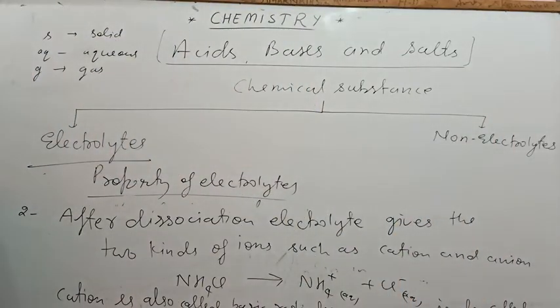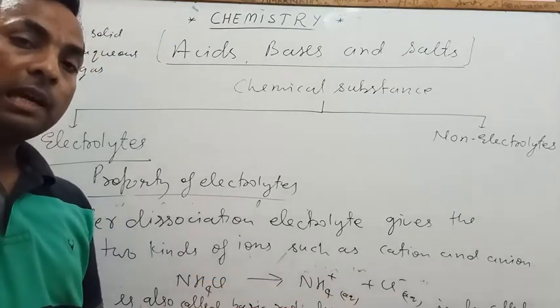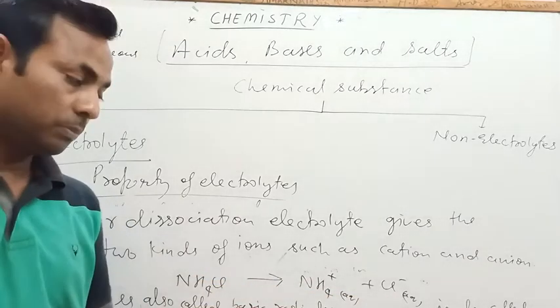Most important point, acidic radical. This cation is called basic radical, and the Cl- ion is called acidic radical. Please take a screenshot.